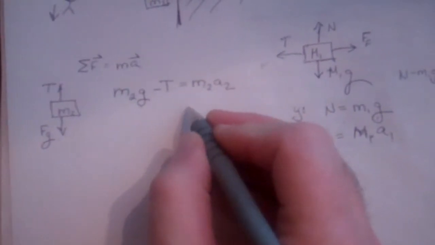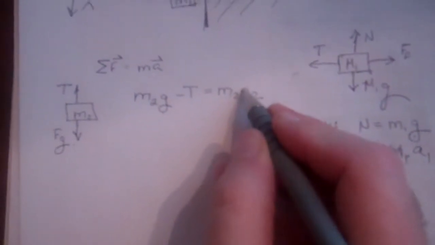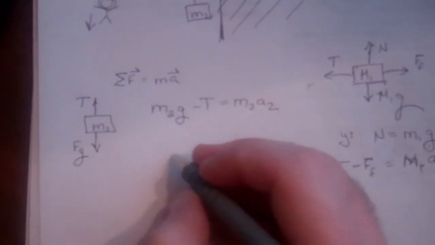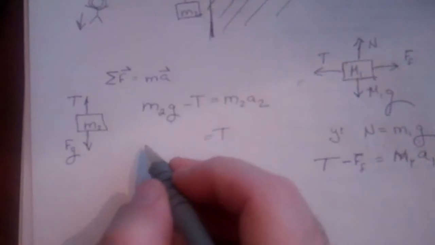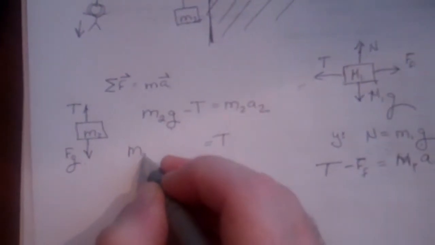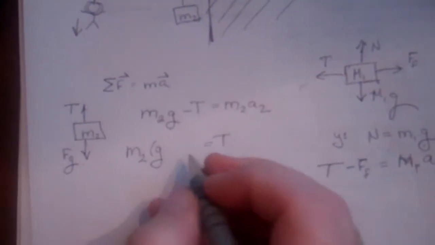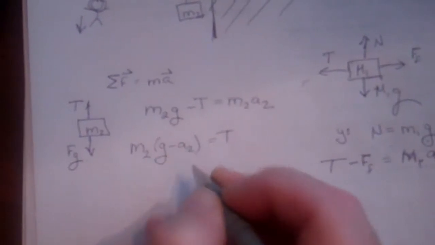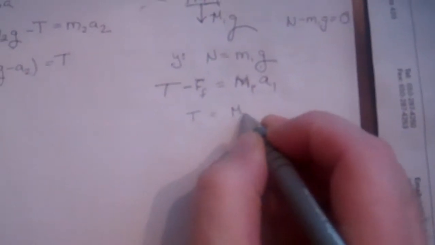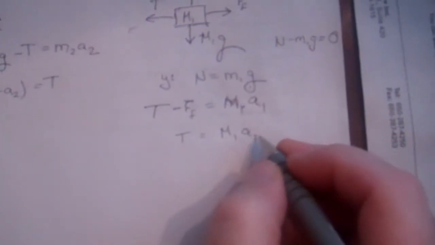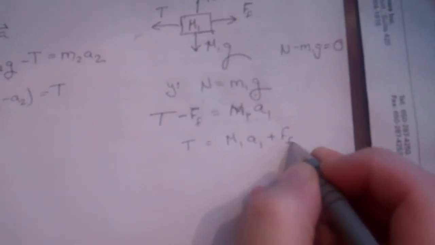Alright? So in this case, we put the tension over there, and we get that the tension is equal to M2 times G minus A2. That's easy enough. And in this case, we get just that T is equal to M1 A1 plus the frictional force.